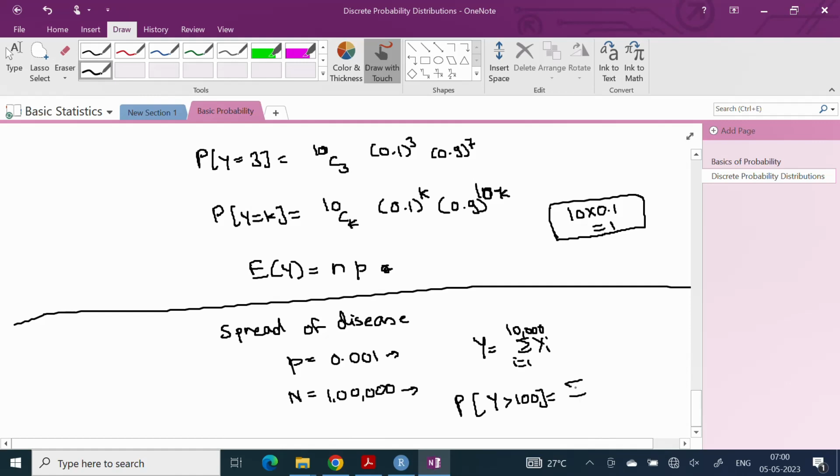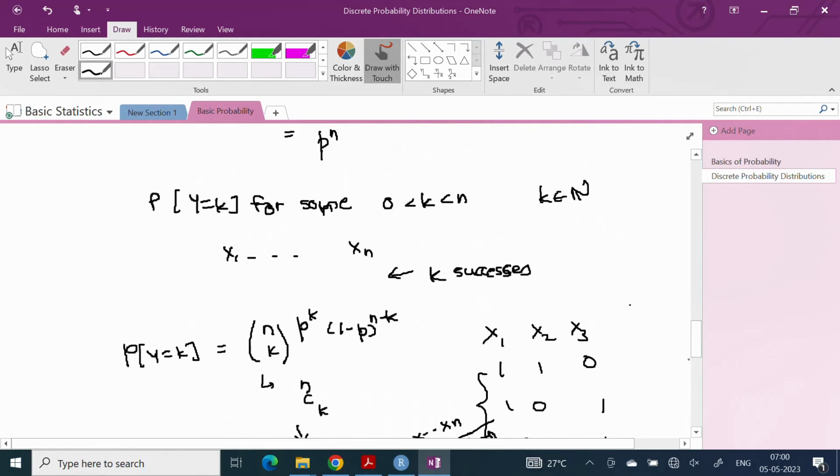So this I can get by considering all possible values above 100, so k going from 101 till 1 lakh. And here I would have the same thing: N choose k, p raised to k, 1 minus p raised to n minus k.